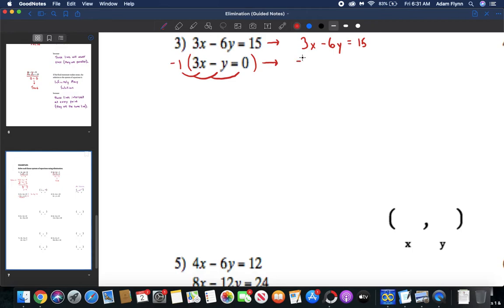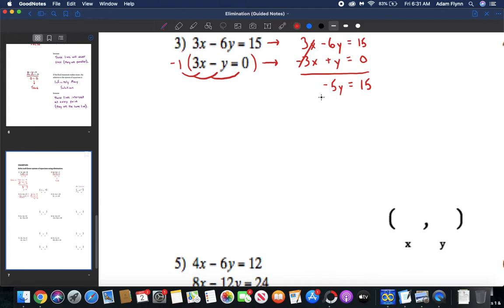So I get negative 3x plus y, sign just changes there, equals 0. So now I can continue on with the elimination process. So 3x minus 3x will eliminate. Negative 6y plus y is going to be a negative 5y. And 15 plus 0 is going to be 15.